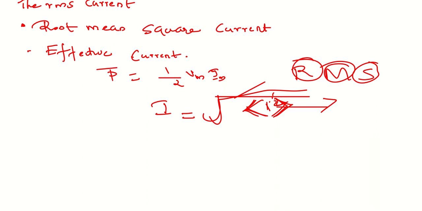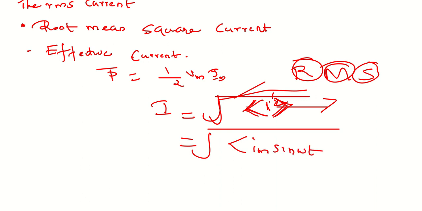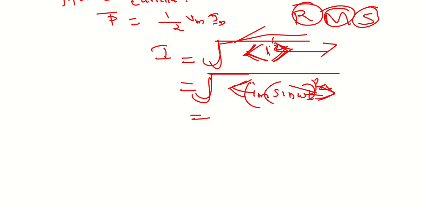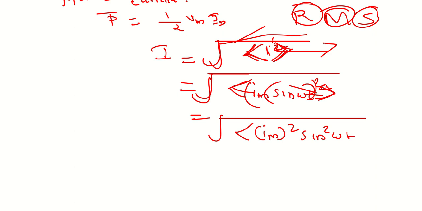You know that the current in a resistor is Im sin omega t. Sorry, I forgot about the square. Root mean square. Next, first of all, we have to find the square. We know that it is Im square sin square omega t.